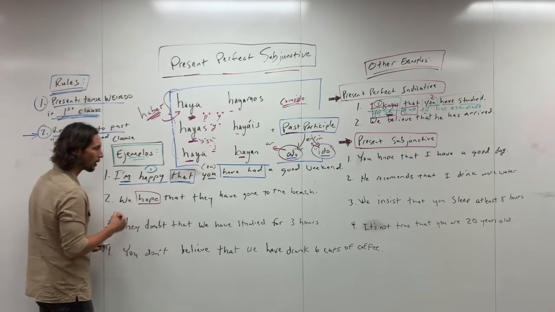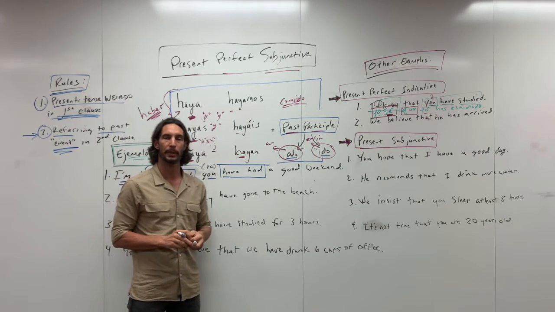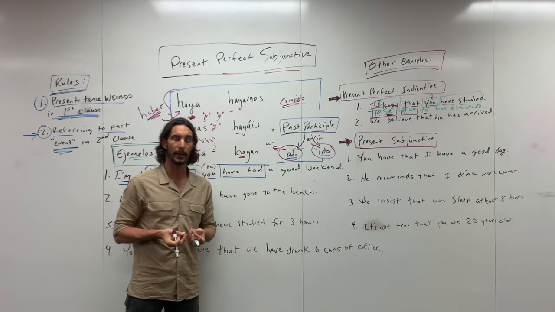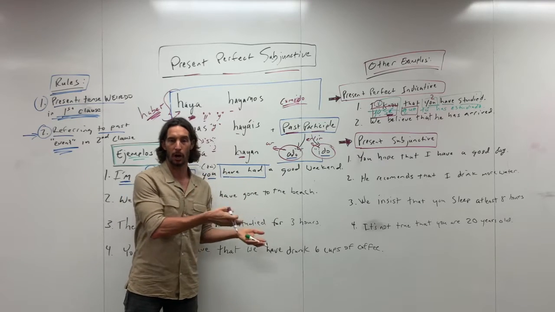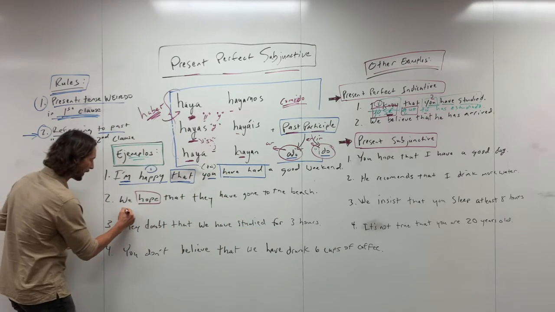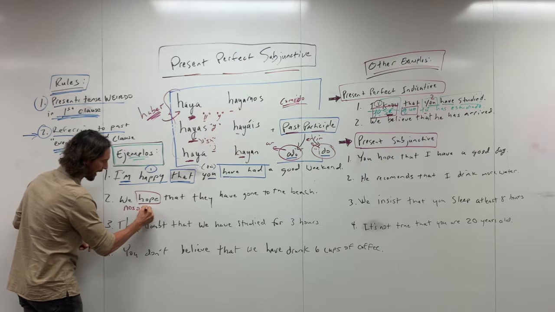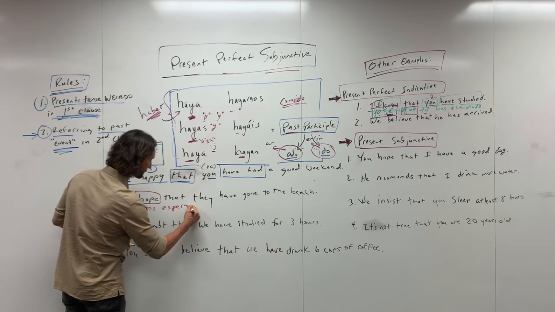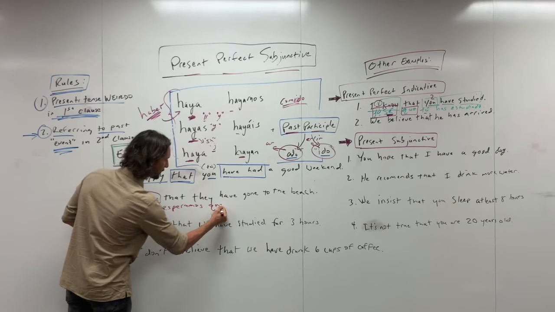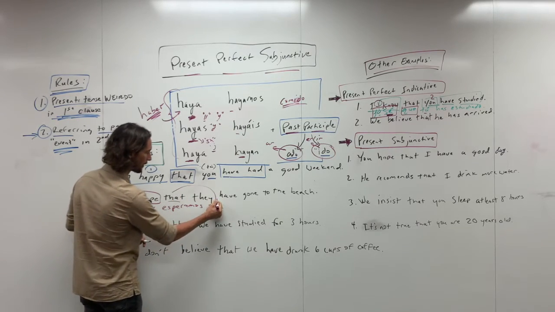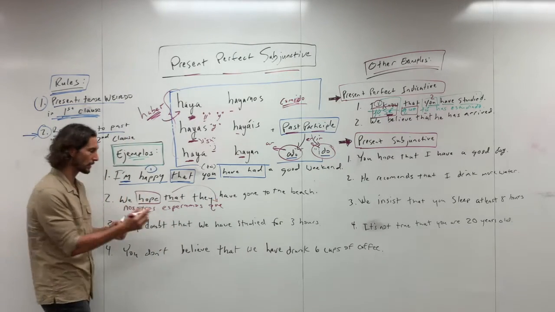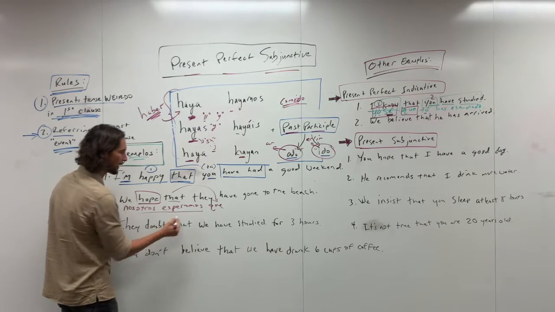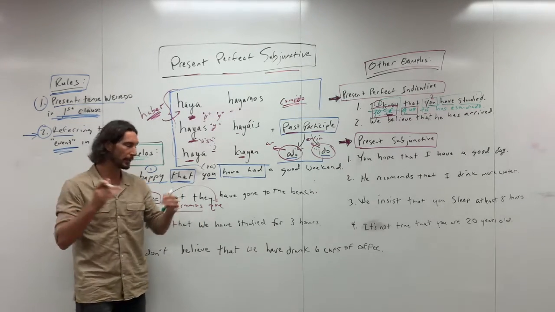So we hope that they have gone to the beach. So now we're hoping that they have gone, right? And so I'm going to just write nosotros. You don't have to, but nosotros esperamos que, right? There's our que, breaking up the two clauses. So now we have subject verb here, que, splitting them up.